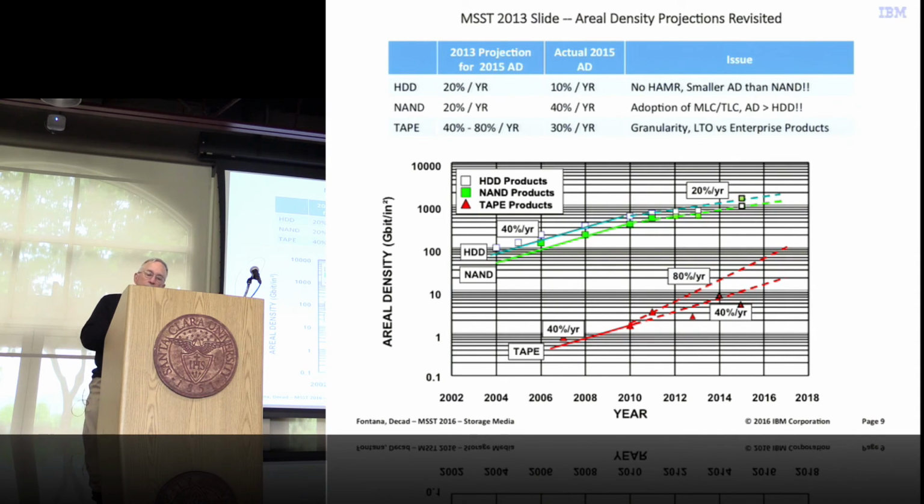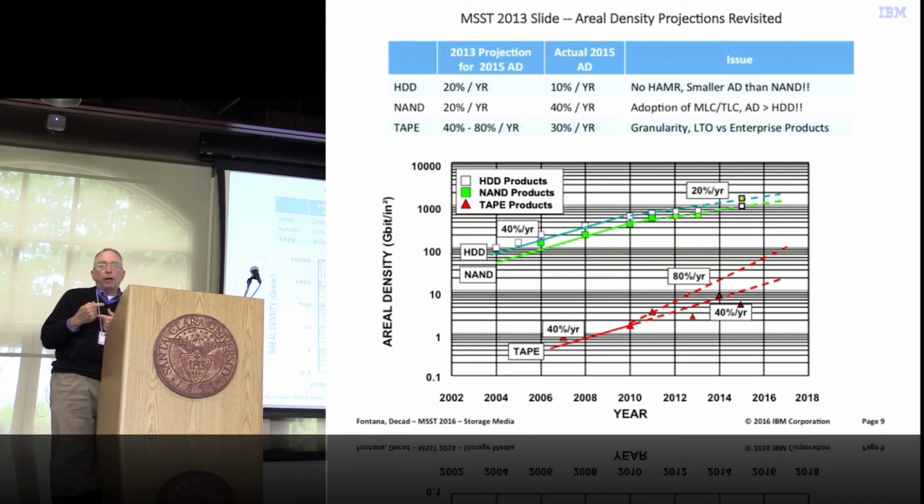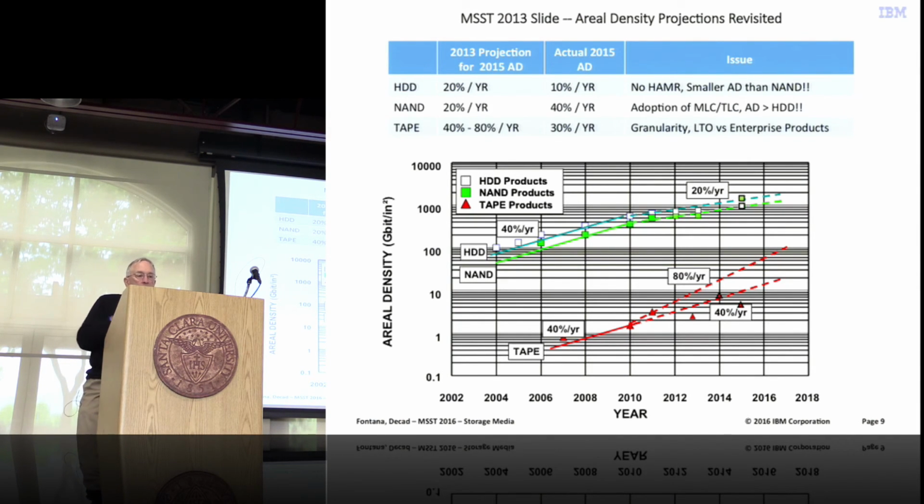More critically, you'll notice there's been a flip here in that the areal density in green for the NAND product is now greater than the areal density for the HDD product. When I'm talking about areal density, I mean the local areal density. Obviously, there's a lot of overhead in a disk and in a NAND to have saw lines, kerf, leads, extra buffer lines, etc.